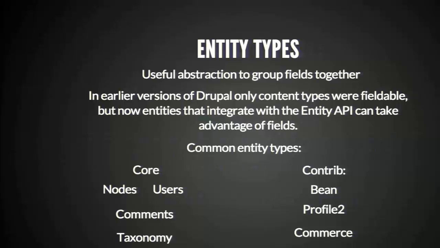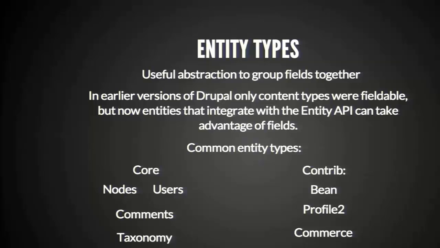So, entity types. Entity types are a useful abstraction to group fields together. In the earlier versions of Drupal, before my day, only content types were fieldable. But now entities that integrate with the entity API can take advantage of fields. So this is a big thing for Drupal, and it still is.